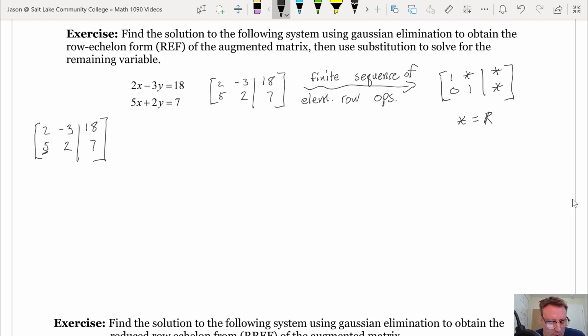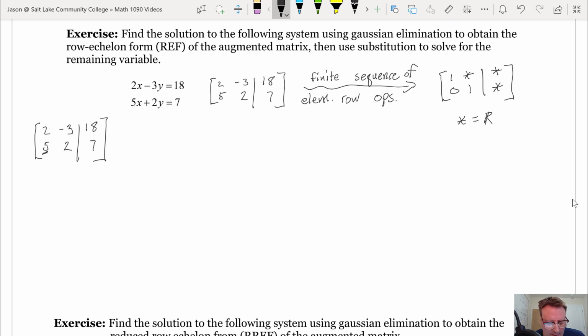Now you could multiply the first equation by -5 halves and then add that to row 2, but then we're going to introduce fractions into the coefficient matrix, and we really want to avoid introducing fractions if possible.